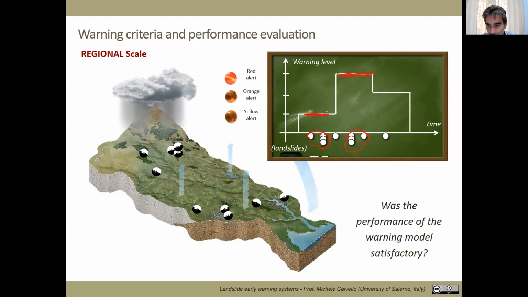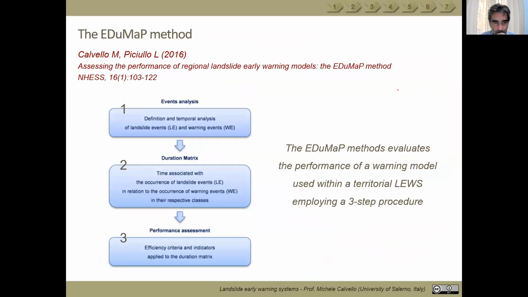So I like it, but not too much. And then for some time after the last landslide, we were still in orange and nothing was happening. So I have to address these issues if I want to think whether this model had a satisfactory performance or not.